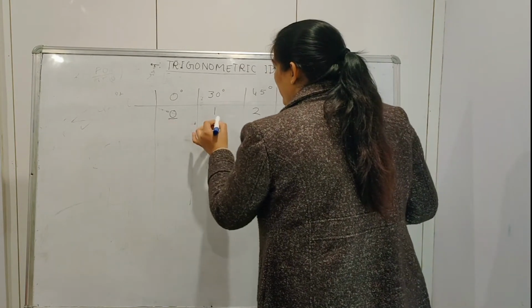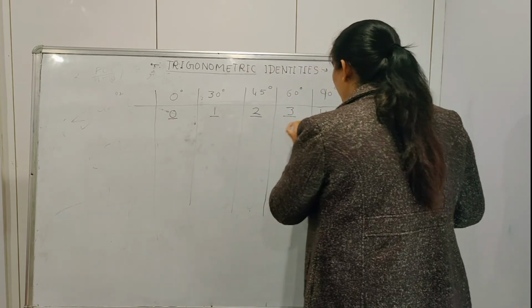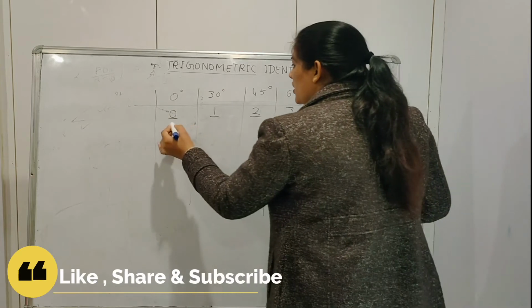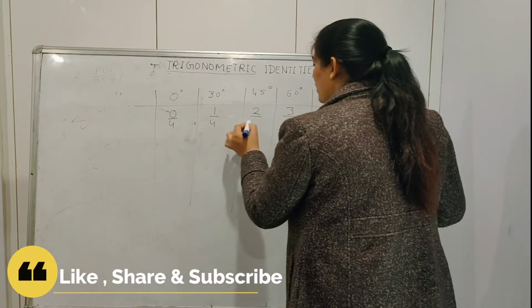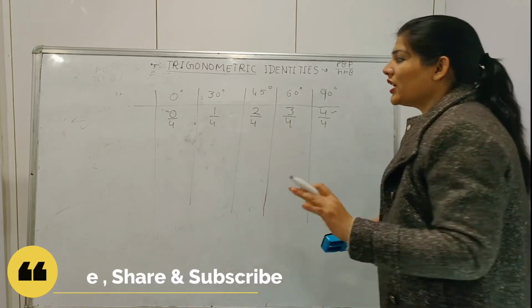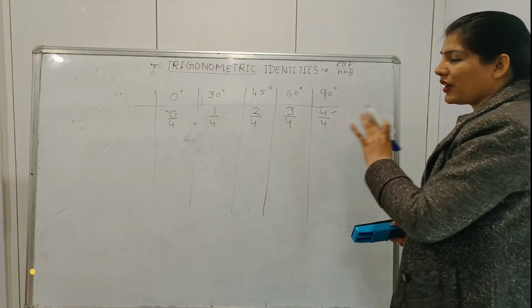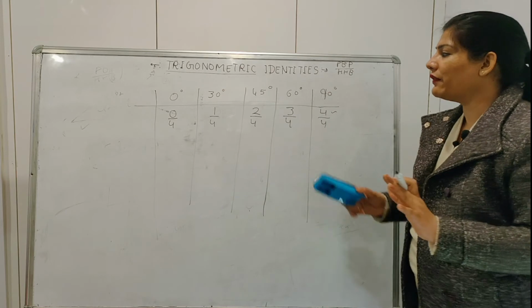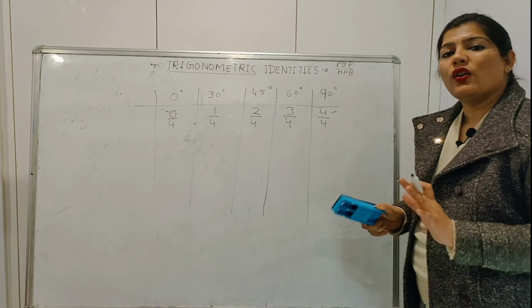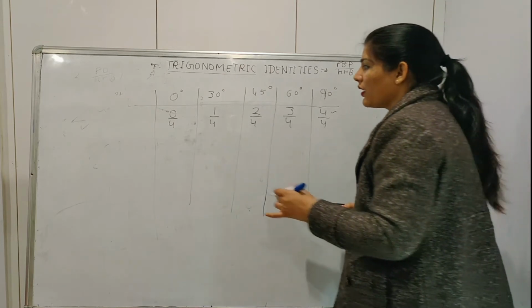Now divide each number by the greatest number, which is 4. So divide all the numbers by 4. Now take the square root of these fractions and you will get the value of 0, 30, 45, 60 and 90 degree for sine. Okay.